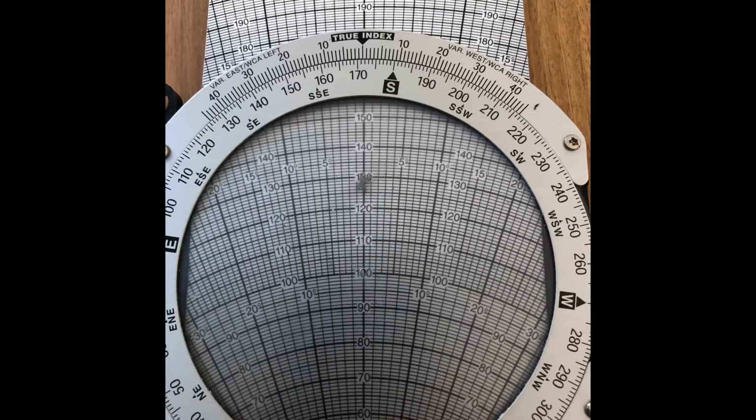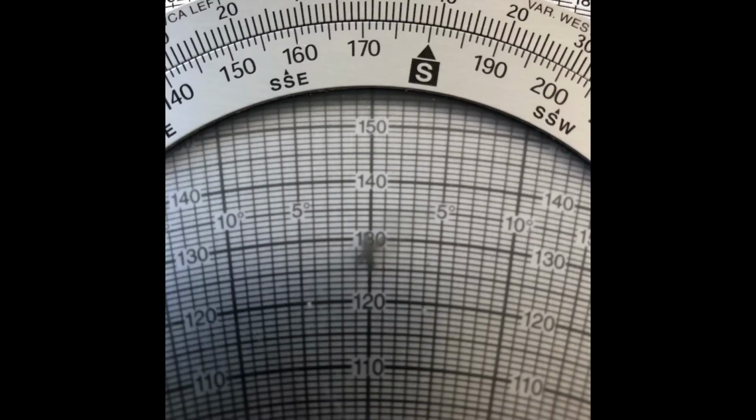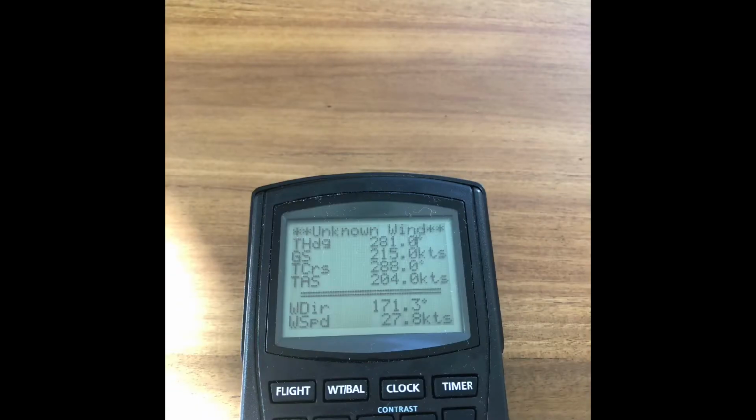And if we rotate that mark so it's in line with the center line, and move our dot down to the 100, we will see that we have a wind of 172 degrees at about 27 or 28 knots. Now, if you don't believe me, you could take an electronic E6B, go to missing wind, enter our numbers, and we come up with about the exact same thing.